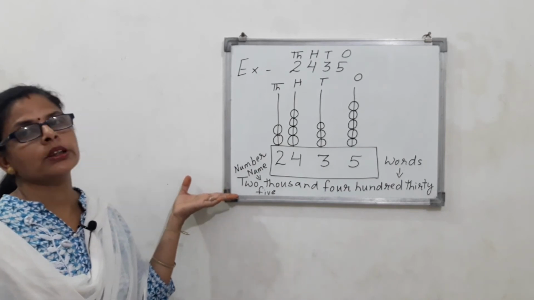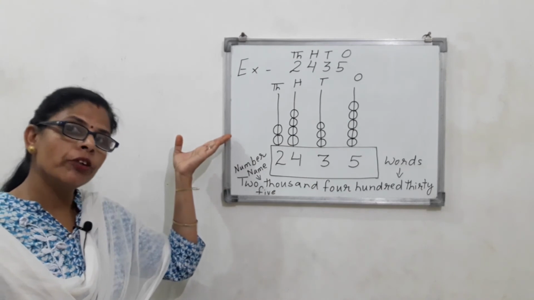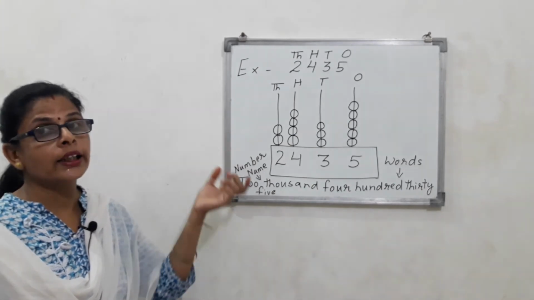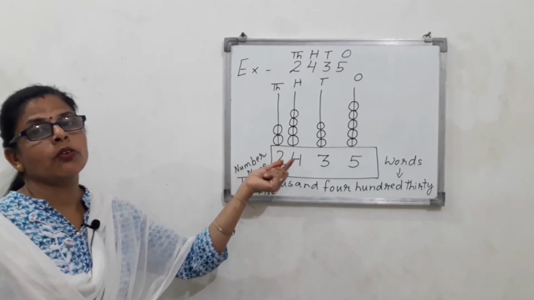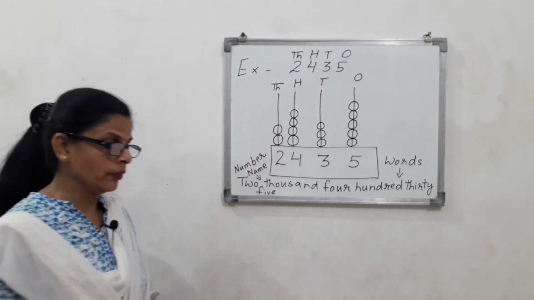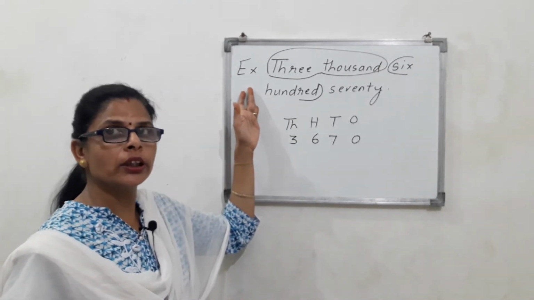If the number name is given, how do we write in numerals or how do we write in figures? Figures means writing the number, the exact digits, on the places. So it is given in words or in number name.